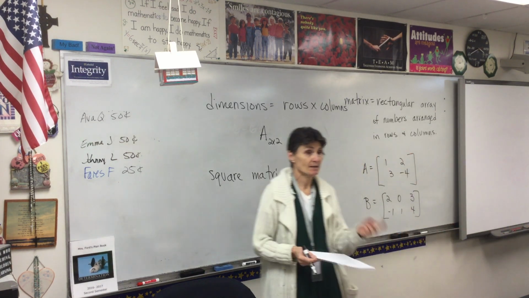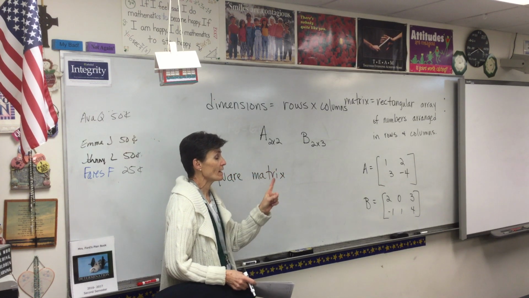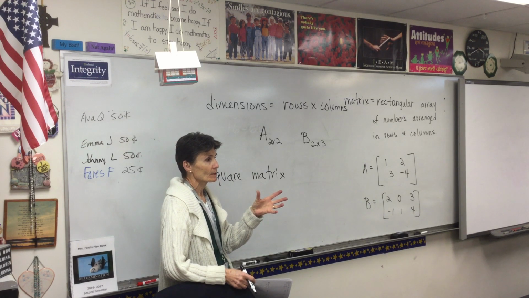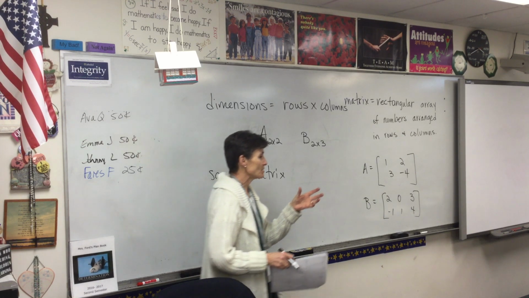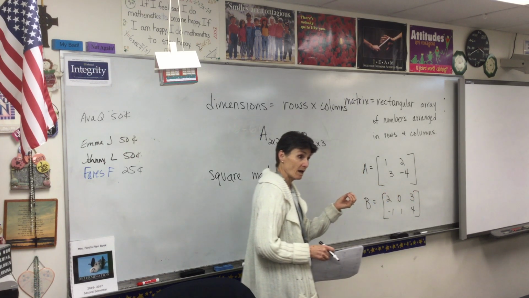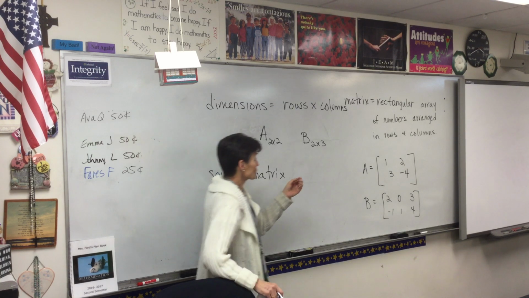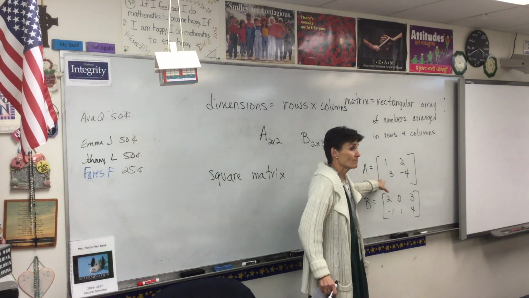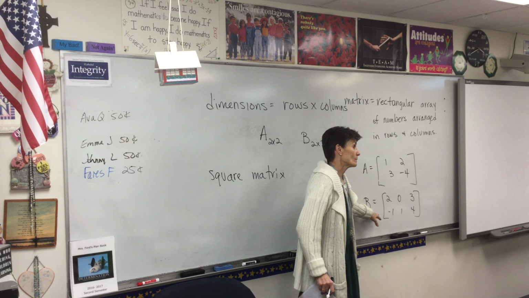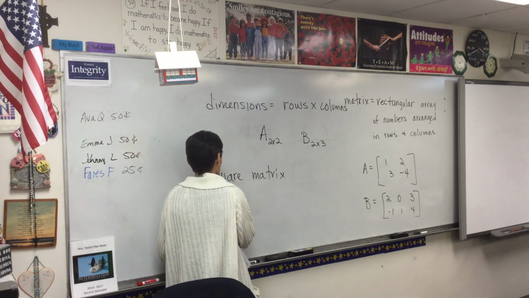And in matrix land, squares are the most special. We can do stuff with squares that we can't do with things that aren't square. So a square matrix is a matrix that has the same number of rows as columns. So, is A square? Yeah. Is B square? No. Square matrix, same number of rows as columns.